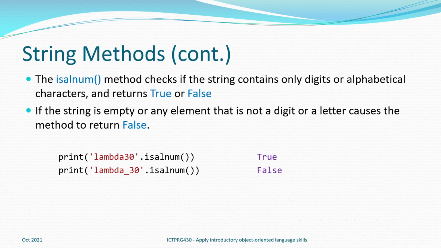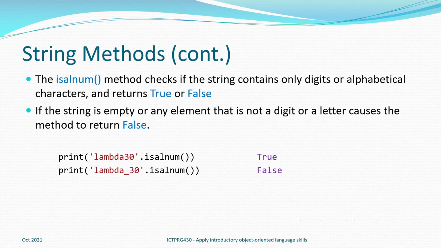Okay, next one is looking for digits in the search. So it is going to look to see if there's a particular combination. What it's looking for is digits or alphabet characters.